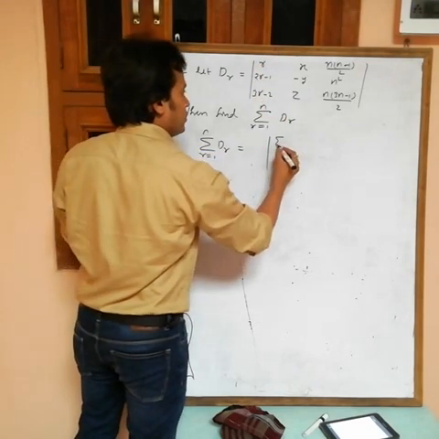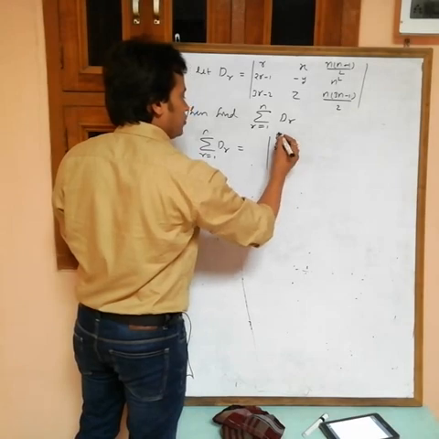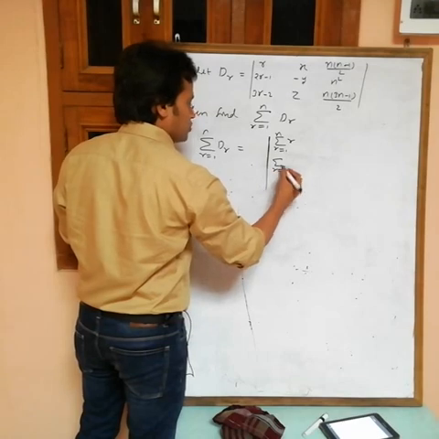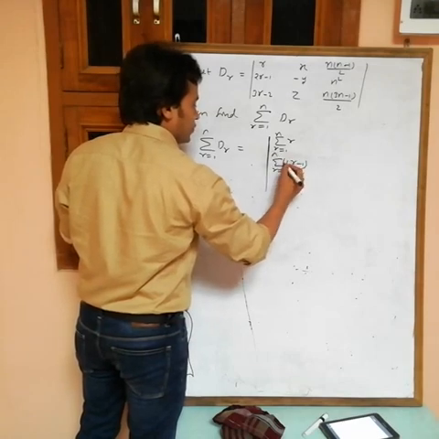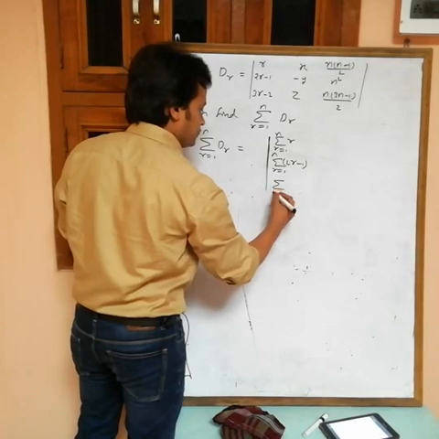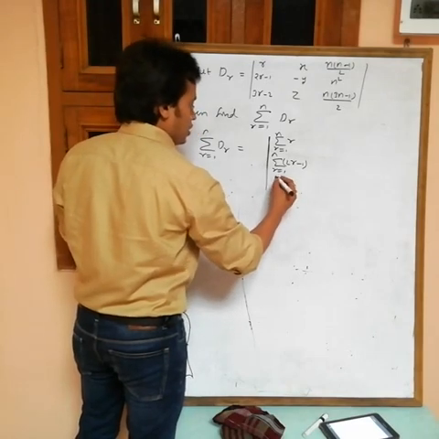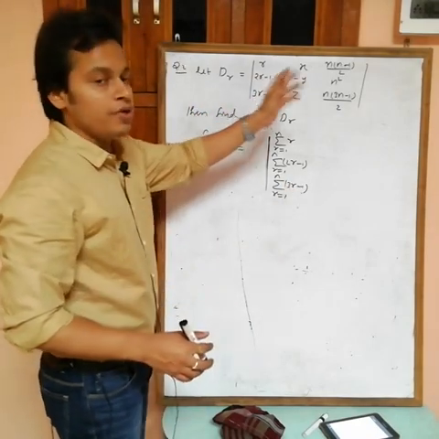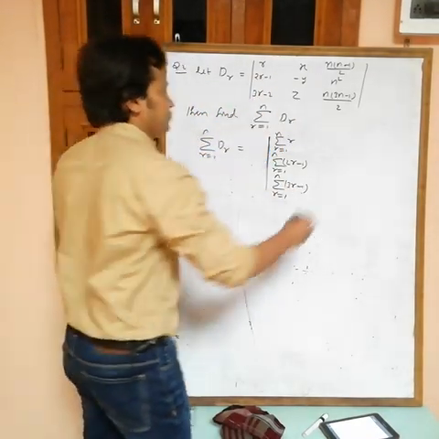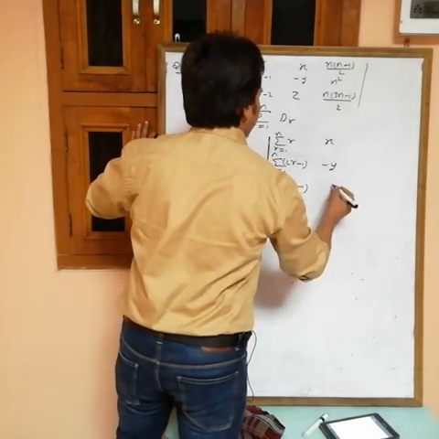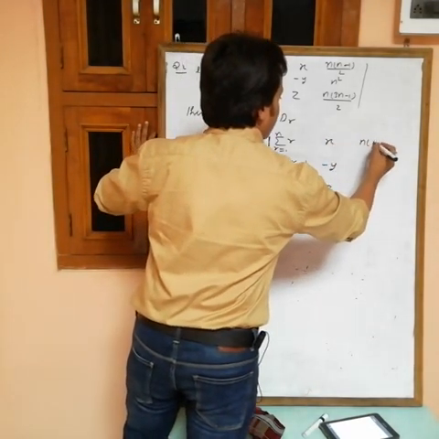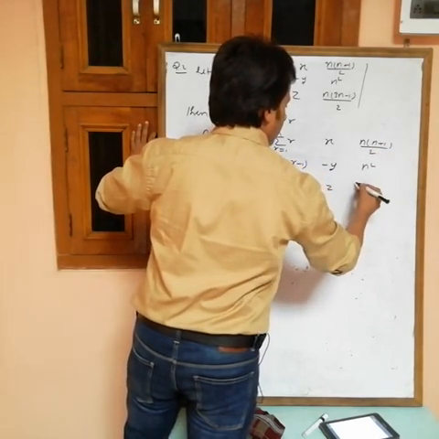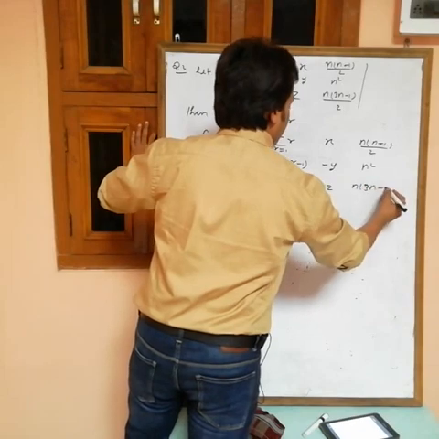Here you will get sigma r equals 1 to n of r, sigma r equals 1 to n of 2r minus 1, and sigma r equals 1 to n of 3r minus 1. And C2 and C3 remain the same as they are: x, minus y, z and n plus 1 by 2, n square, n into 3n minus 1 by 2.